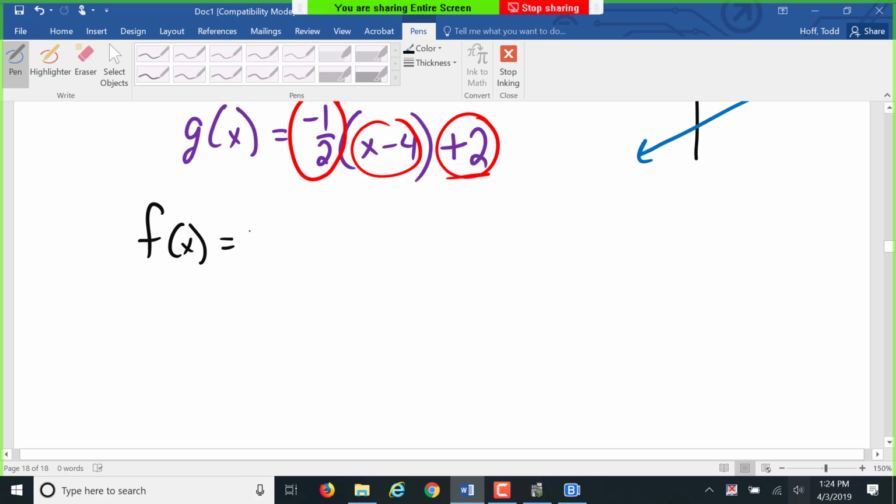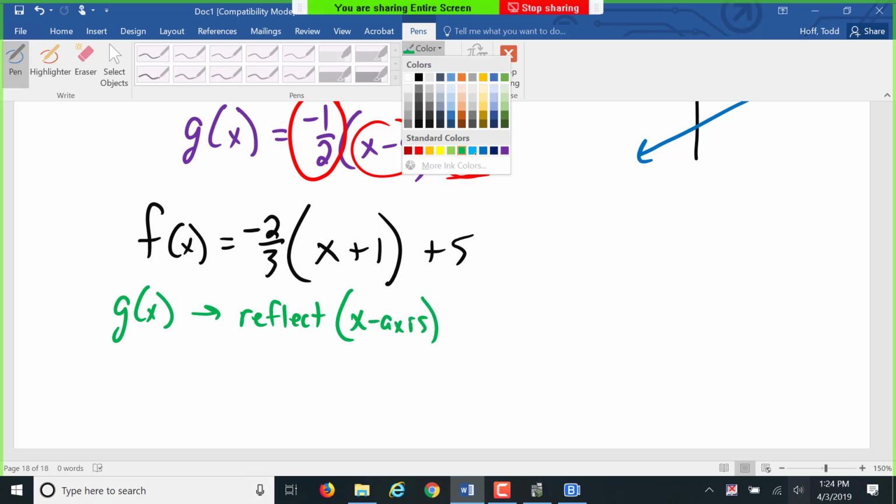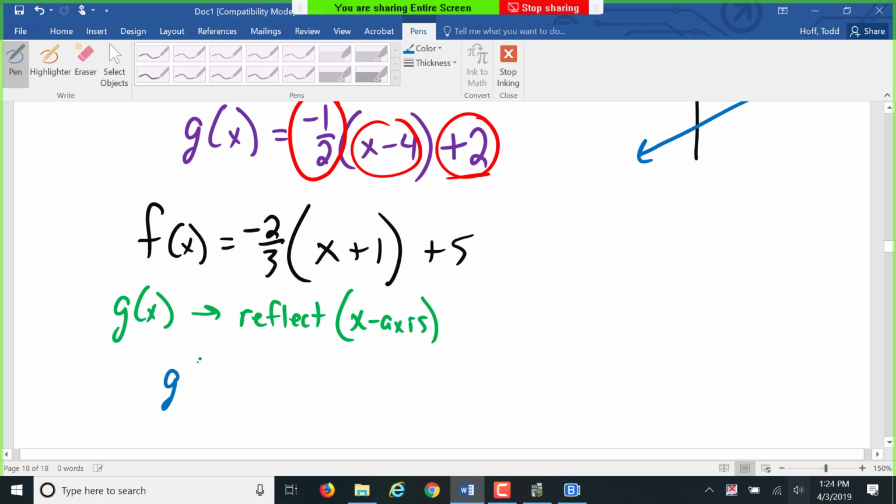So if f of x equals negative 2/3 times x plus 1, plus 5, and if g of x is going to be the reflection about the x-axis, what this becomes, g of x has to change the slope.